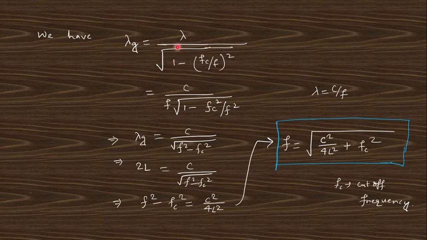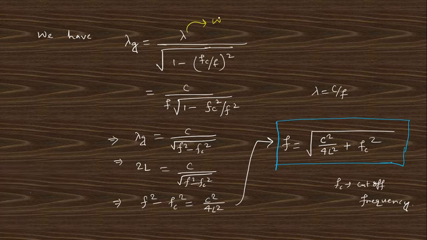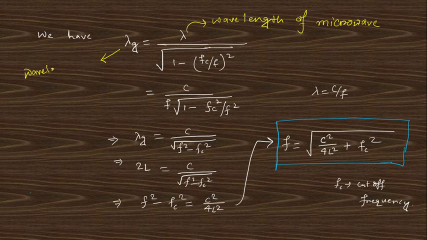Lambda g is the wavelength of the guide, and lambda is the wavelength of the microwave. These are related by this relation, you know these things.